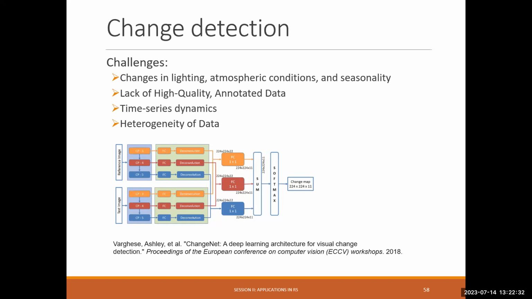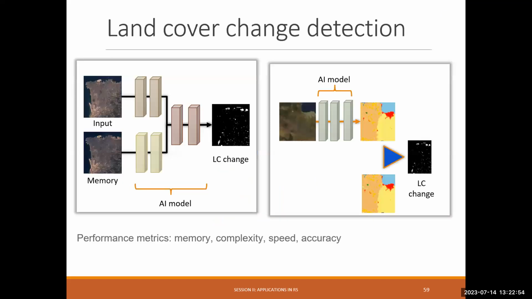So you do this on every stream, and then you end up with vectors. And what you do is you apply softmax and comparison of these vectors, right? So this is one variation of a convolutional neural network that has this two-stream approach that can take two instances at the same time and produce this change map that tells you whatever changes.